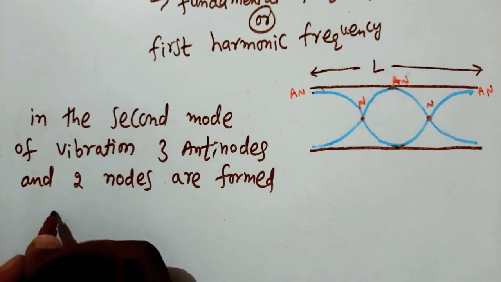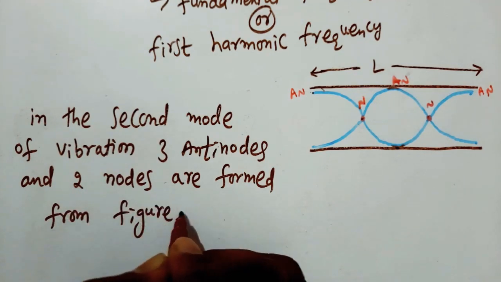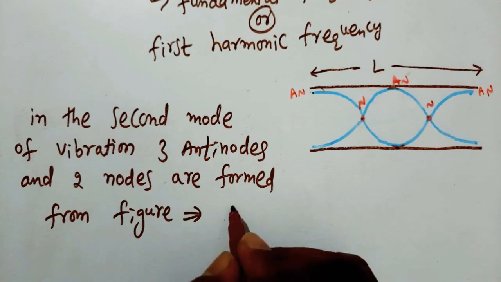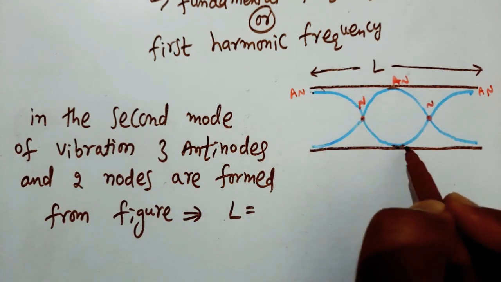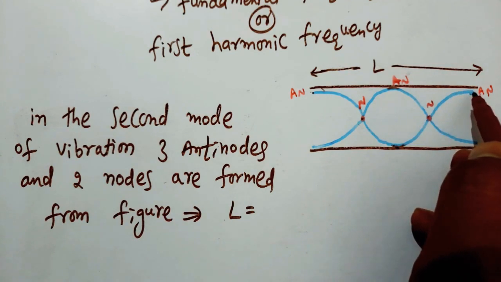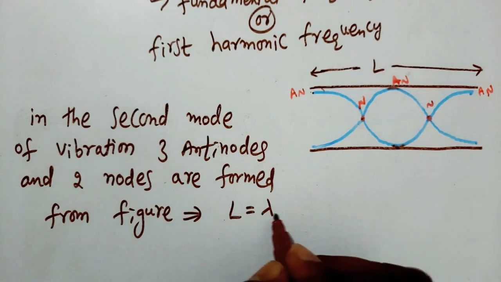From the figure, we can write L is equal to lambda by 2 plus lambda by 2, which is lambda.